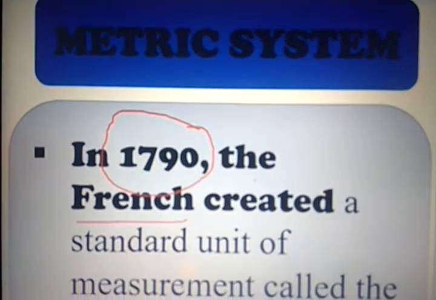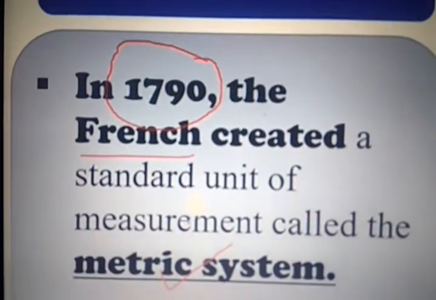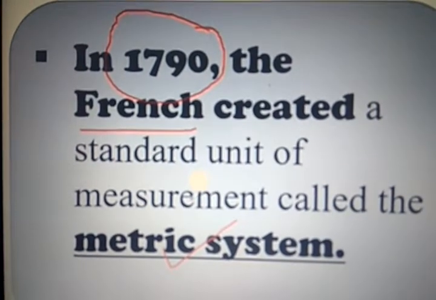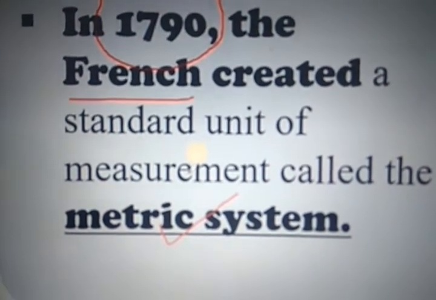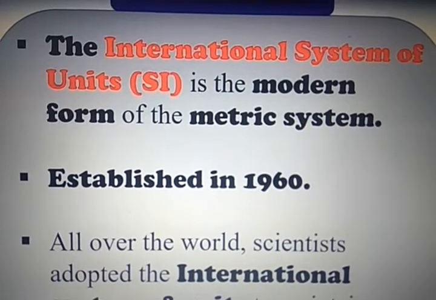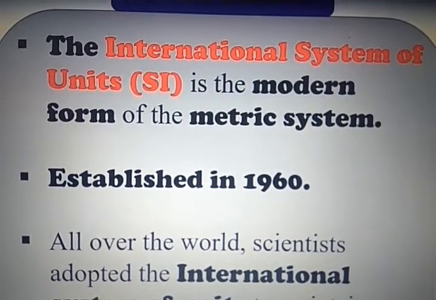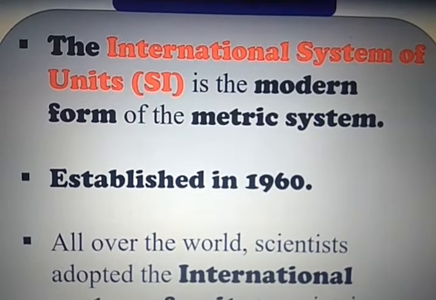In 1790, the French created a standard unit of measurement called the metric system. The International System of Units, that is SI, is the modern form of the metric system.